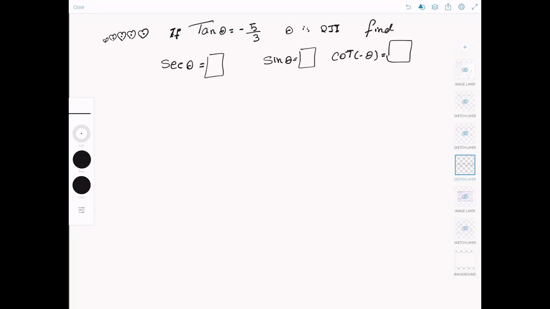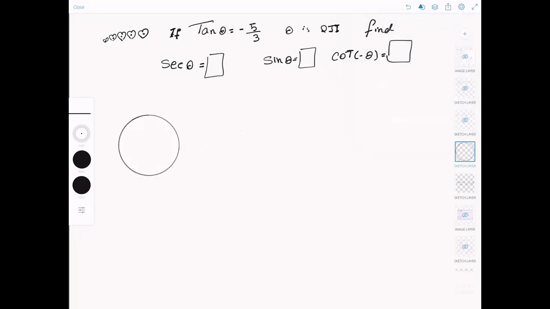Before, we talked about how you need to make a unit circle, draw a triangle, and use the Pythagorean theorem to solve for x, y, r. Let me go over that because that's very important as well. That's what we learned before. A circle, we have quadrant 2. I randomly make theta here, correct?